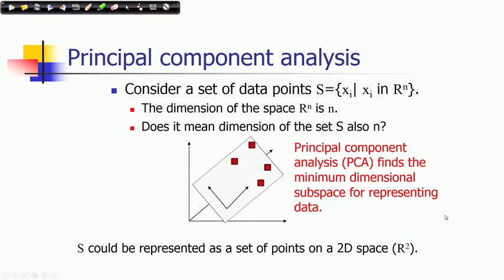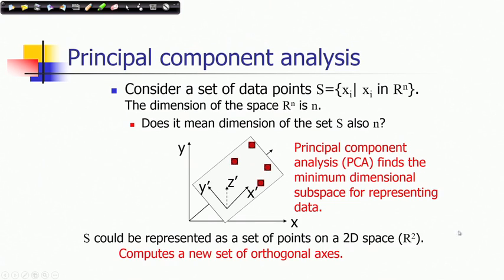Principal component analysis is a method by which we find the minimum dimensional subspace for representing data. We will learn in this lecture how this analysis could be done.